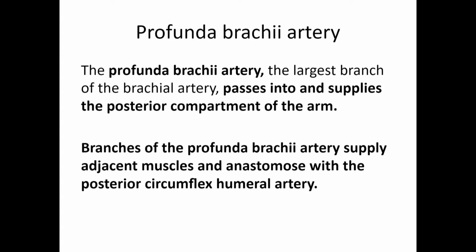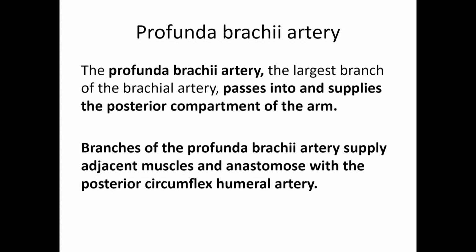Brachial artery is mostly located on the anterior surface. And profunda brachii artery is branching, and they are supplying mostly the biceps and triceps, and also anastomosing with the posterior circumflex humeral artery, right?